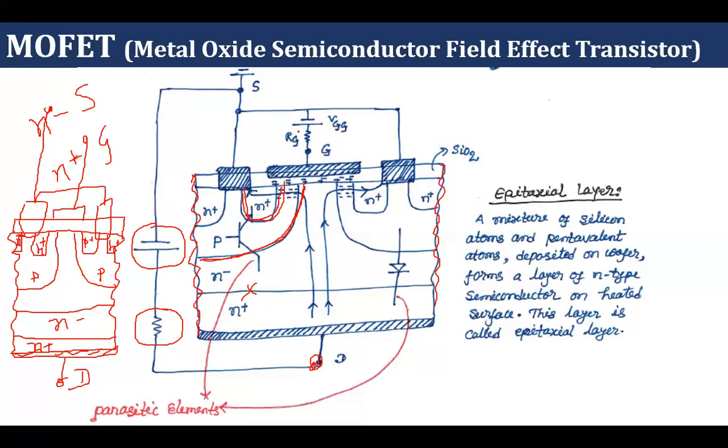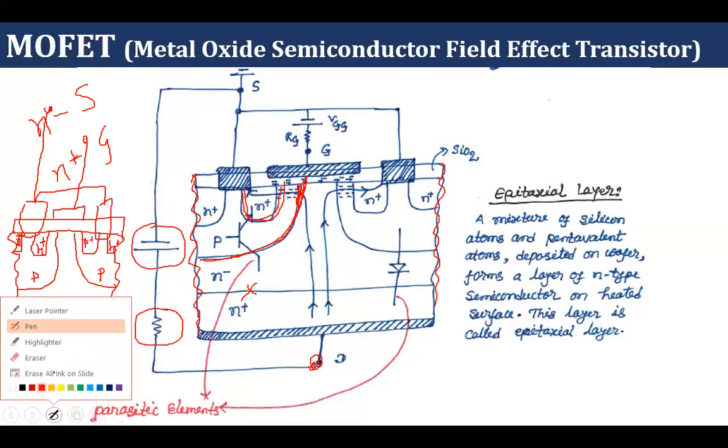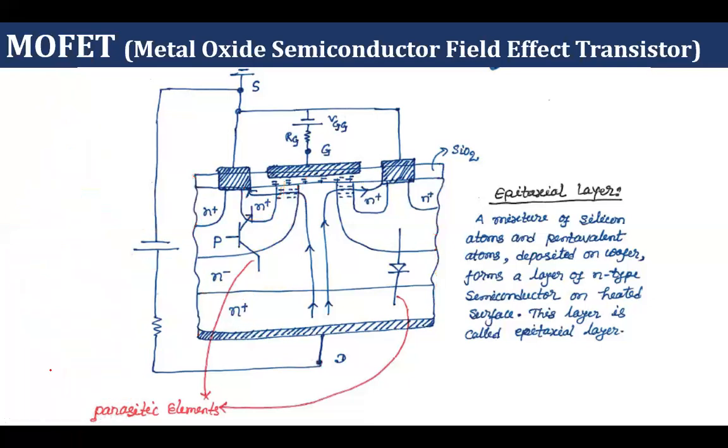Suppose we are not applying any potential to the gate, then what will happen? Since we are applying positive potential to the N-type semiconductor material, this junction will be reverse biased, and due to this reverse biased junction, current will not flow. So to create the channel, we need to provide positive voltage, and the same polarization will happen over here.